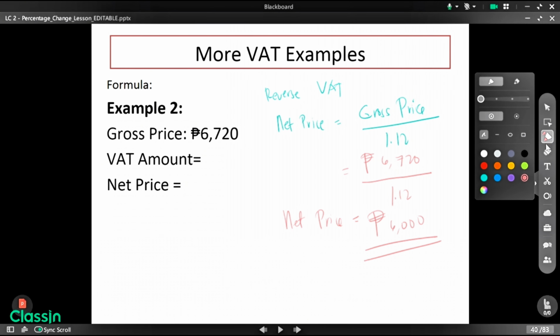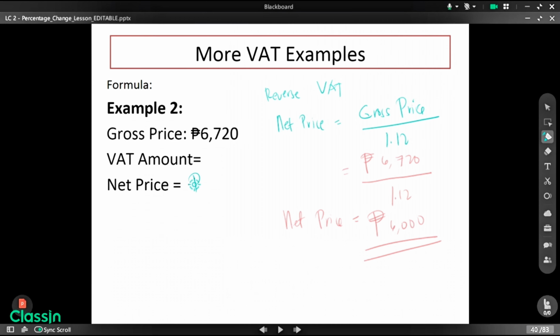Without the VAT. So what is the VAT amount? So in VAT amount, this is 6,000 pesos. For the VAT amount, we just need to subtract the net price from the gross price.